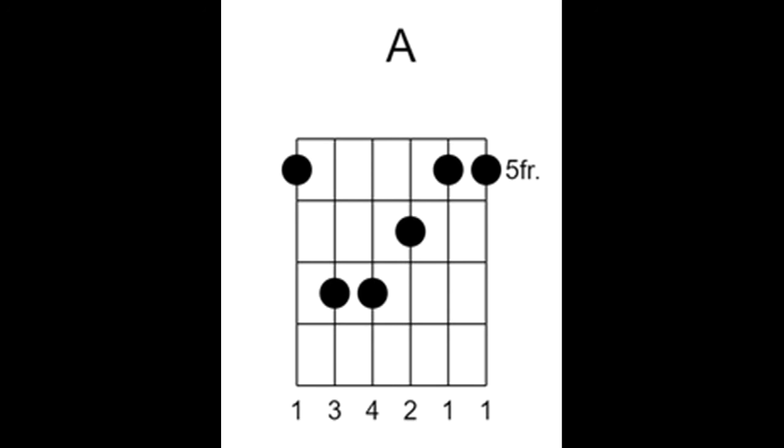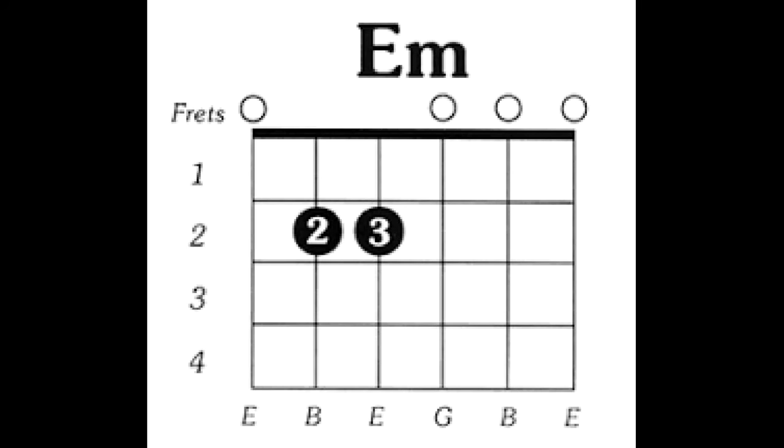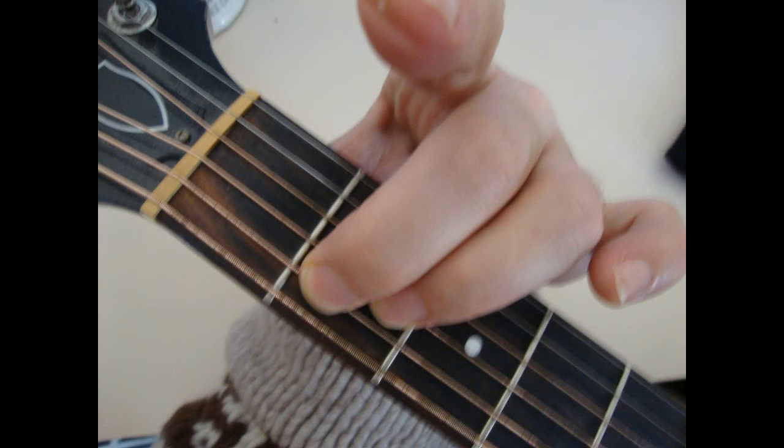So once we know what the grid represents, we can work out chord shapes from the dots on the grid. Here's a diagram of an E minor chord which shows the first 4 frets. E minor is the easiest chord you can play on the guitar. The dots tell you to place your fingers on the 5th and 4th string at the 2nd fret, like this.